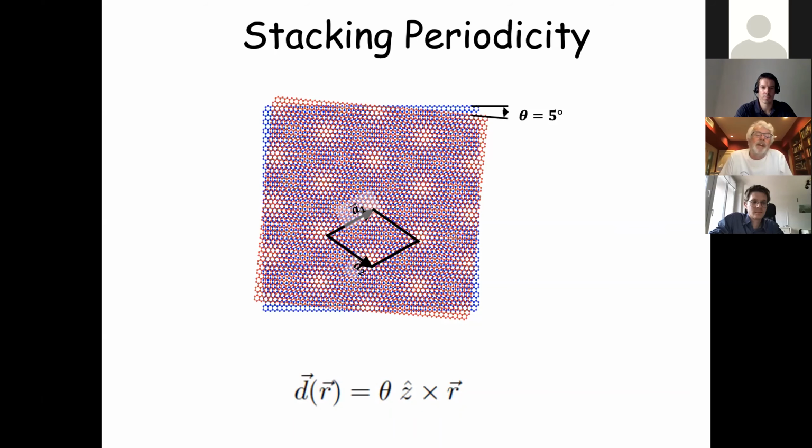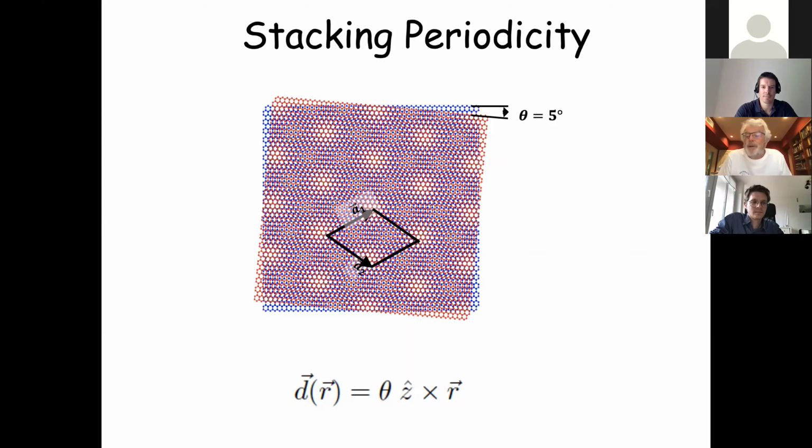I'm showing you here on this slide two-dimensional crystals, a blue one and a red one, twisted relative to each other by 5 degrees. And as you can see in this illustration, when you have two 2D crystals and they either have different lattice constants or they're twisted by small amounts, the atomic scale stacking arrangement between the two layers varies slowly on a lattice scale and periodically in space.